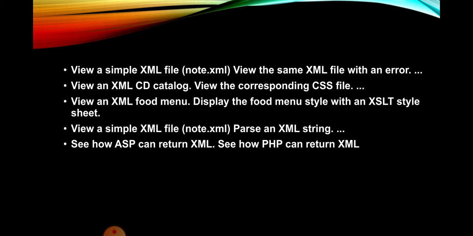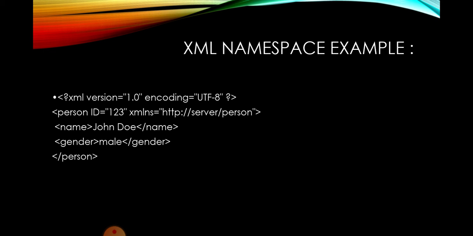Display the food menu styled with an XSLT style sheet. View a simple XML file. Note that XML parses an XML string. See how ASP can return XML. See how PHP can return XML. So these are other examples of XML.